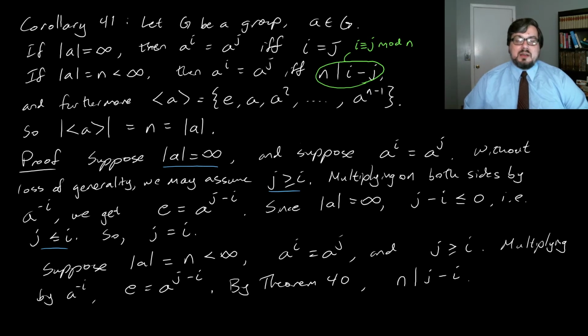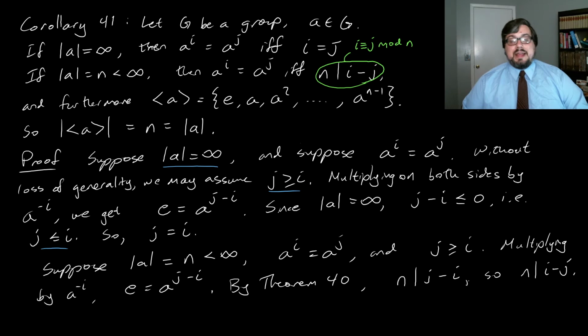At this point I can look up and note that I had written n divides i minus j instead of j minus i, but that doesn't make a difference, because i minus j is just -1 times j minus i, so if n divides j minus i, it has to divide i minus j.